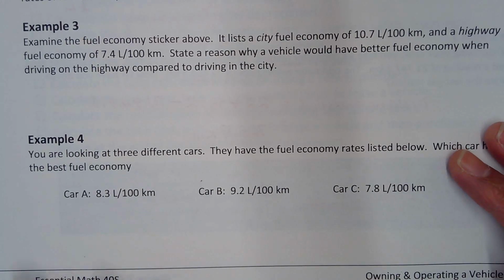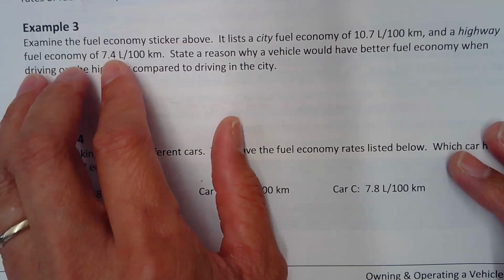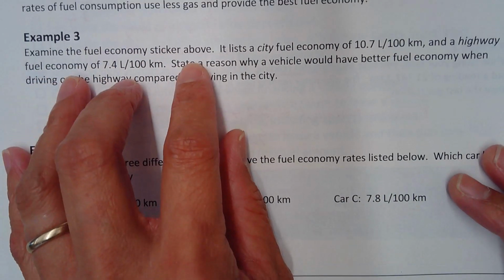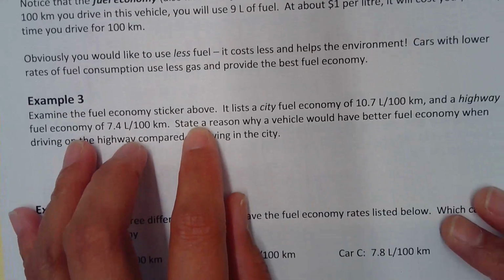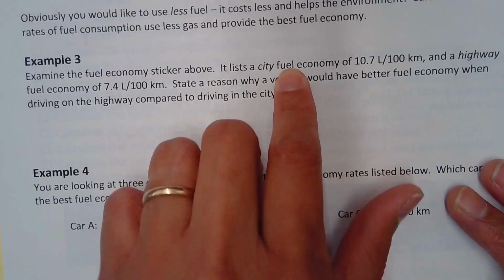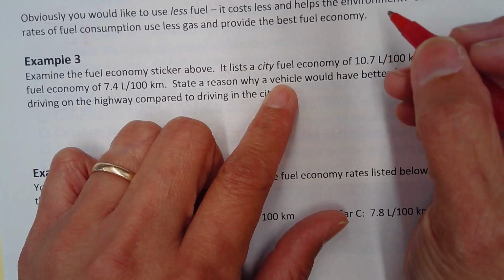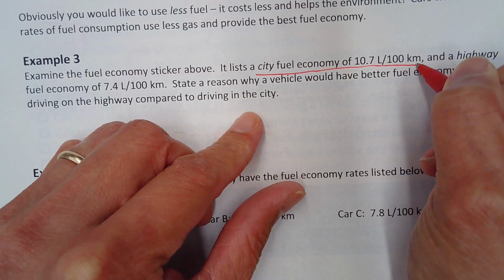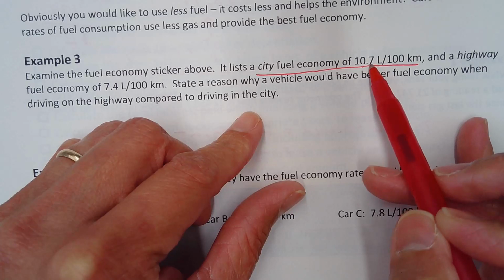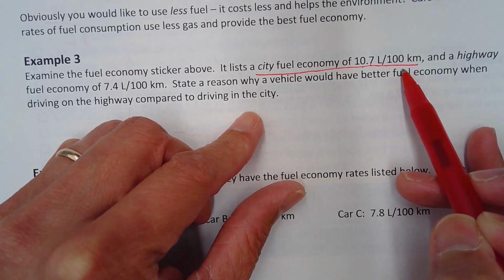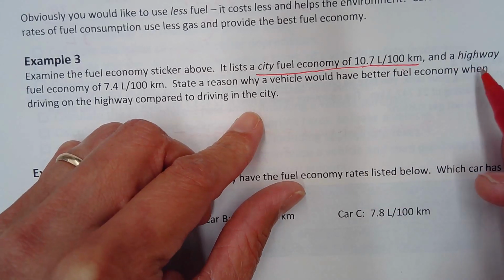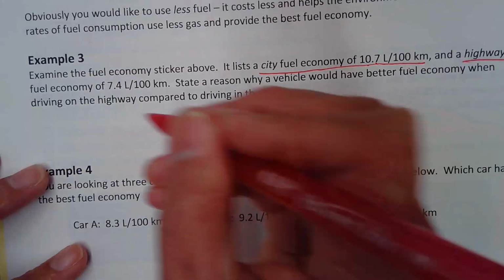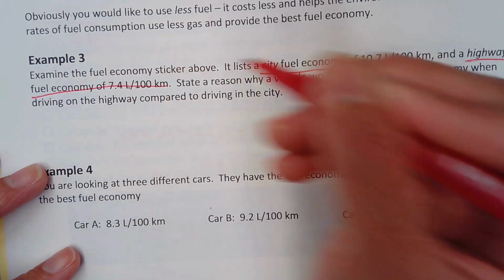Okay, so it says here, examine the fuel economy sticker above. Okay, we did, and it lists a city fuel economy. So if we drive in a city, it's going to be 10.7 liters per 100 kilometers. And on the highway, it's 7.4 liters.